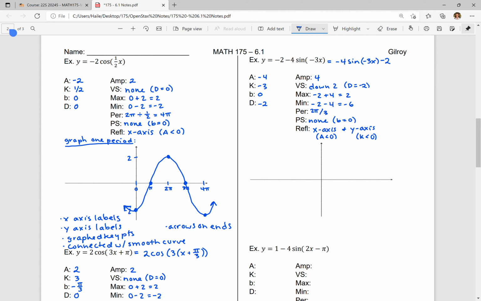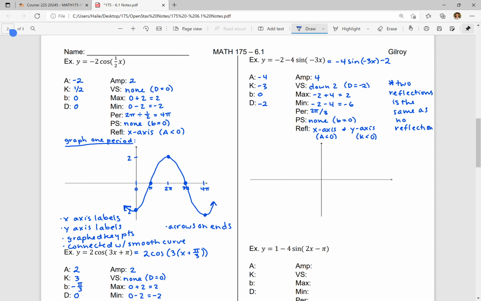So remember we made that note about when we have 2 reflections on a sine graph, it's like we didn't reflect at all. So we're going to make a little note about that. So 2 reflections is the same as no reflection.